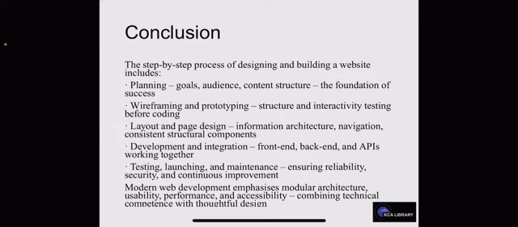Layout and page design, which covers information architecture, navigation, and consistency. We also looked at development and integration. Then testing, launching and maintenance, which ensure reliability, security and continuous improvement of the website. Modern web development emphasizes modular architecture, usability, performance and accessibility, combining technical competence with thoughtful design.